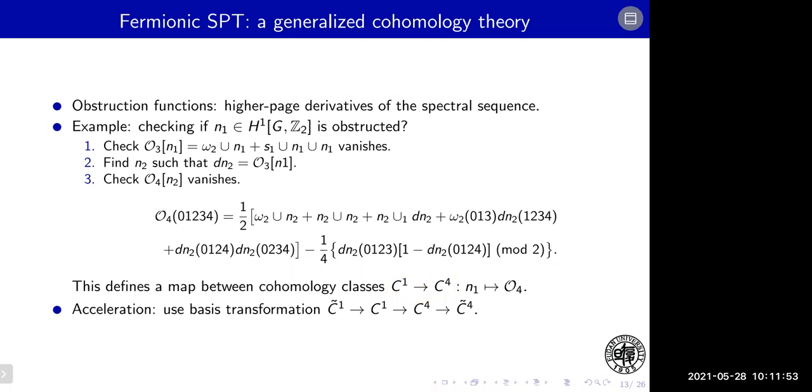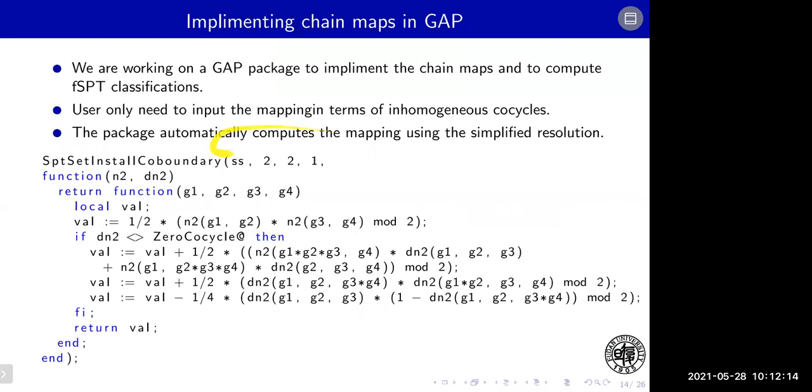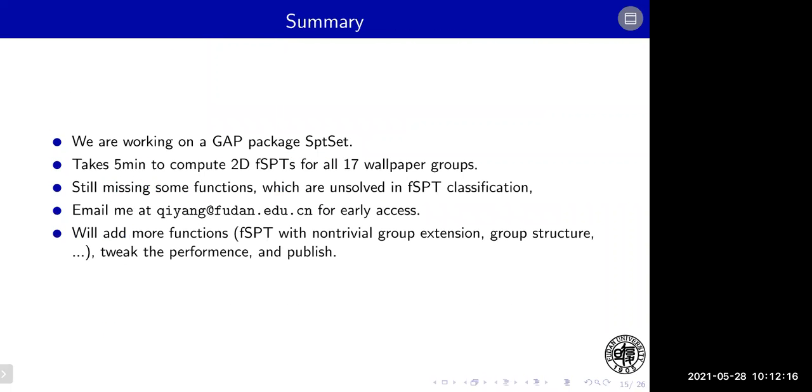So the idea is that we can construct a basis transformation, mathematically known as a chain map, that maps between the reduced and the standard construction of linear spaces, and this will reduce the computational cost. We have developed a computer package in GAP that allows us to compute the fermionic SPT phases for all the 2D wallpaper symmetry groups.